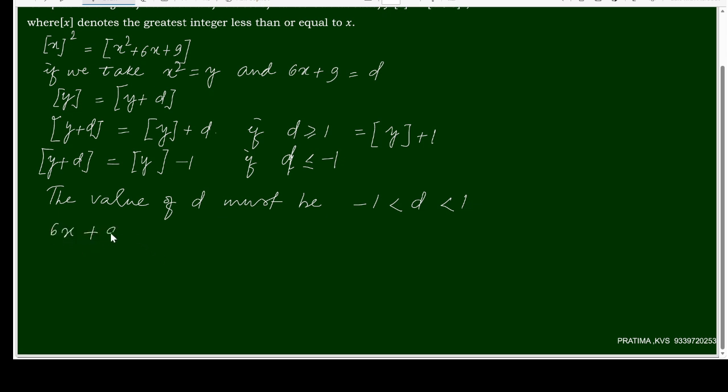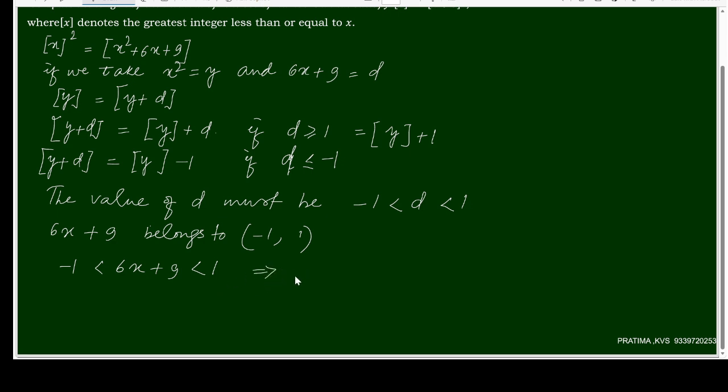So 6x + 9 must be in between -1 and +1. So -1 < 6x + 9 < +1.